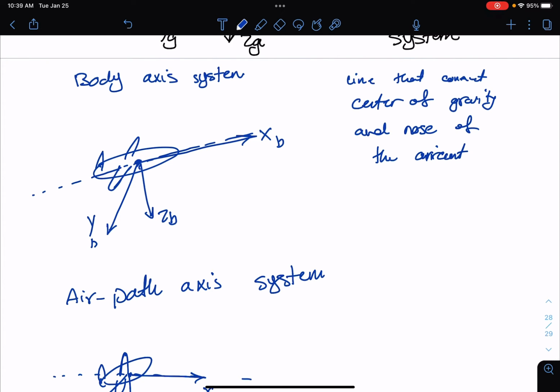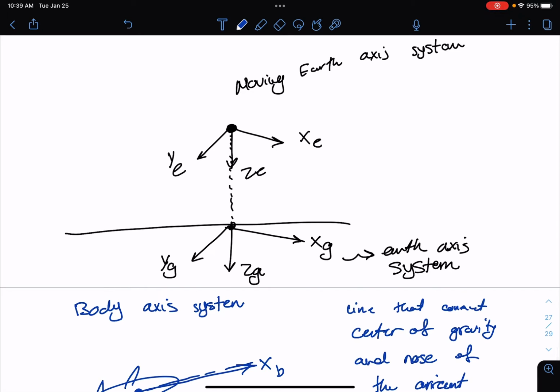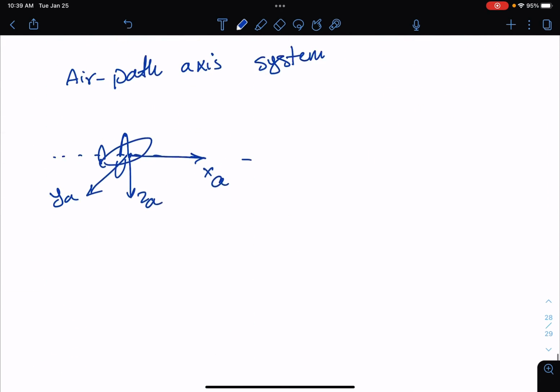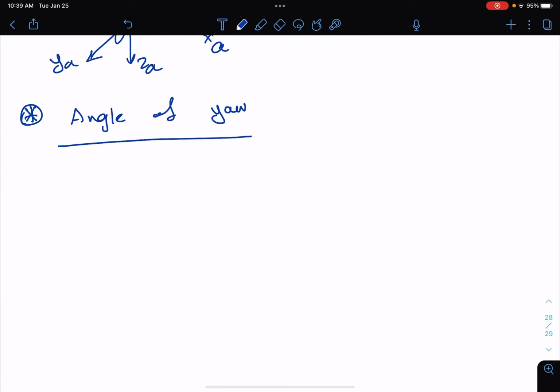Body axis system uses the subscript b, the moving Earth axis system uses the subscript e, and a regular Earth axis system uses subscript g. So based on these axis systems, we are going to define 9 angles. First one is angle of yaw. What do you think this angle of yaw is?